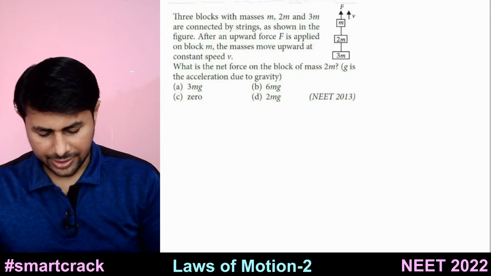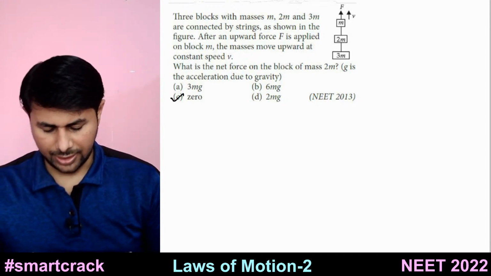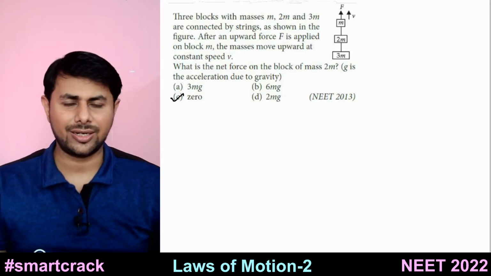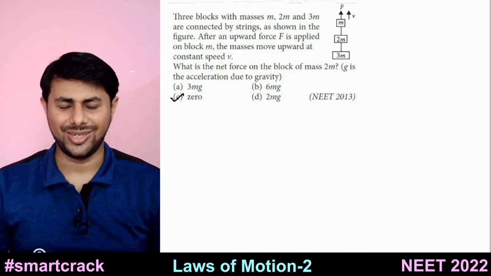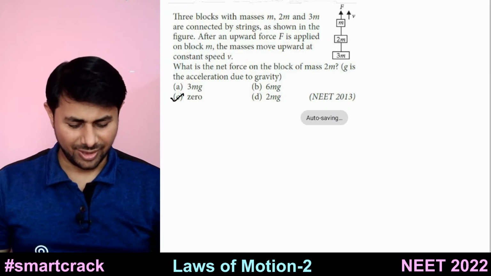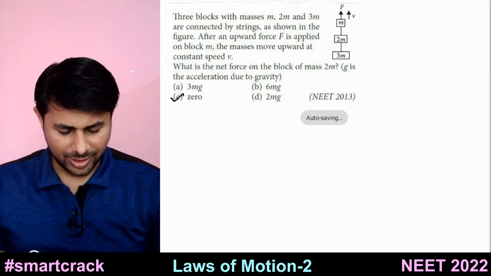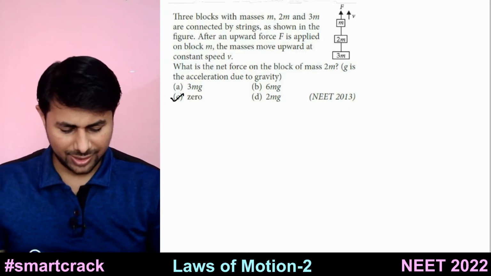There is no acceleration, that means the net force is 0, and they've answered it very correctly. So option C is the answer. This was very simple, from NEET 2013.